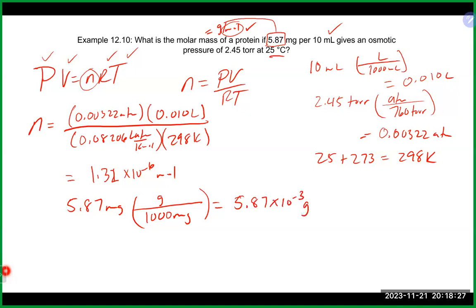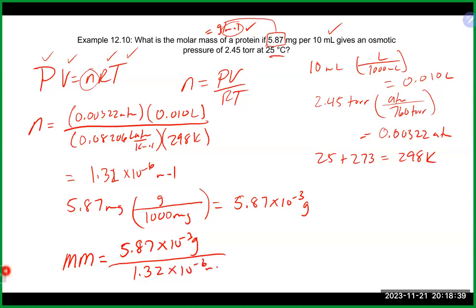Now we can just divide the two. Our molar mass will be 5.87 times 10 to the minus 3 grams divided by 1.32 times 10 to the minus 6 moles. And that's going to get us 4.45 times 10 to the 3 grams per mole.